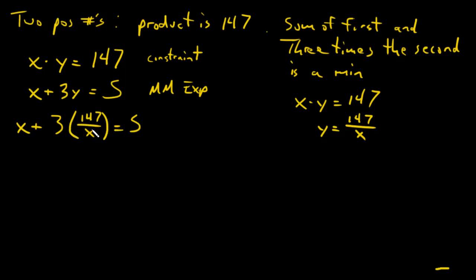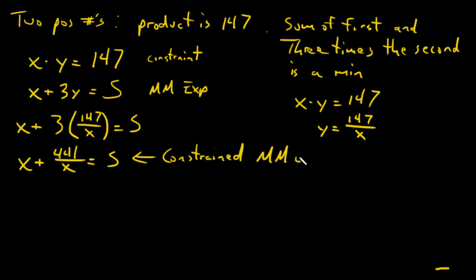Let's see, that's going to be x plus 441 over x equals s. This is my constrained min-max expression. And now I can take the derivative, set it equal to 0, and solve.